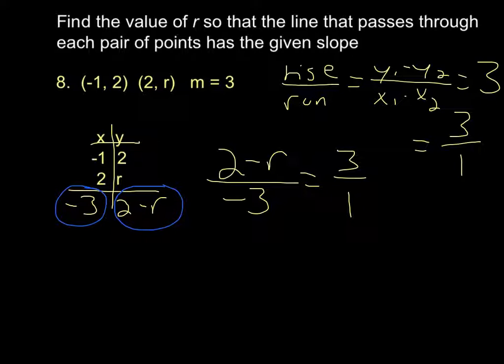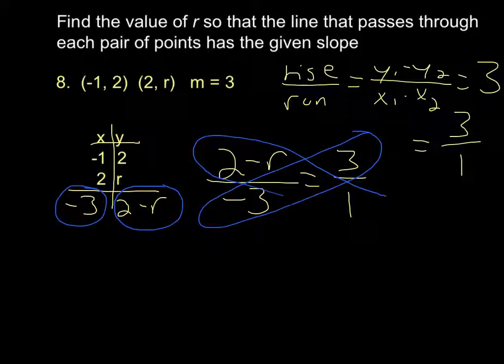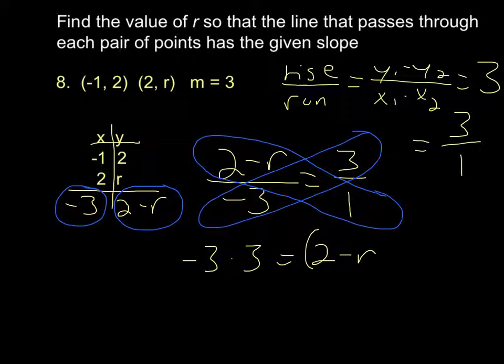Once again, we take our cross multiplication and we set these two things equal to each other. -3 times 3 equals 2 minus r times 1. -9 equals 2 minus r.